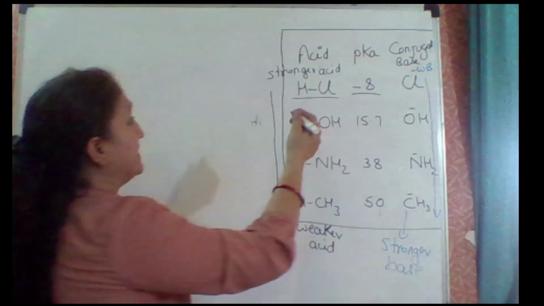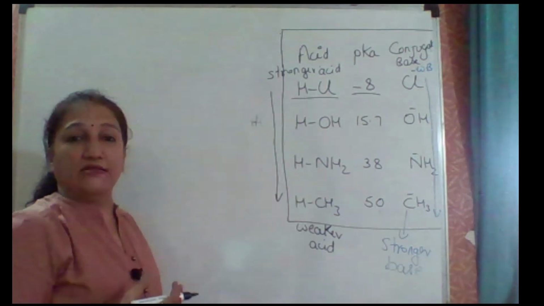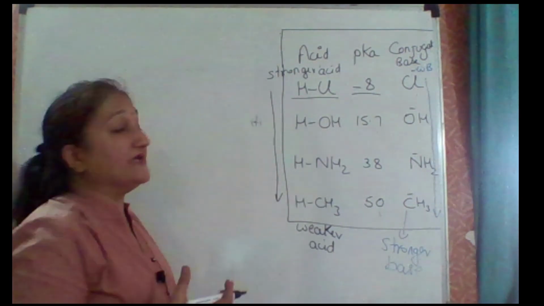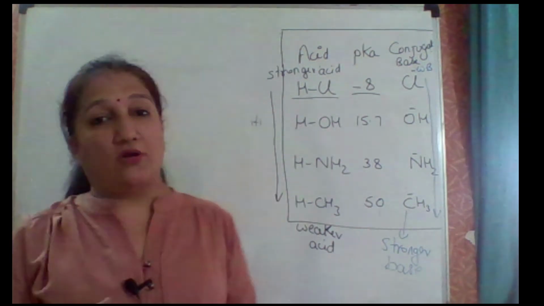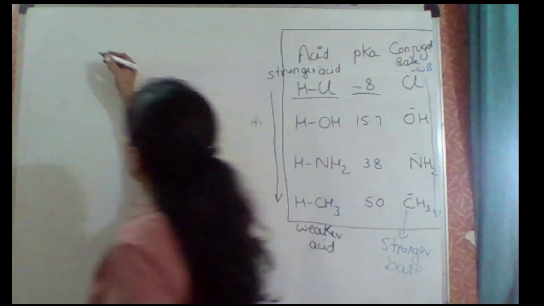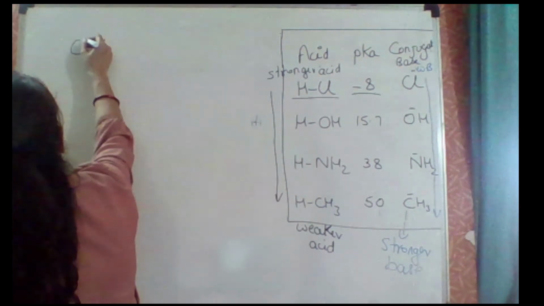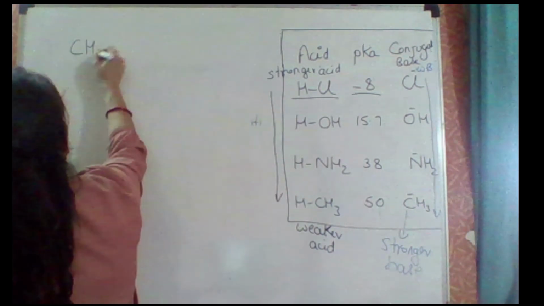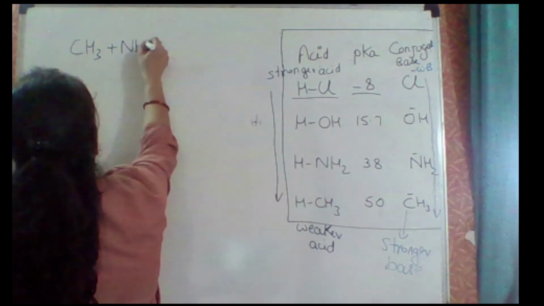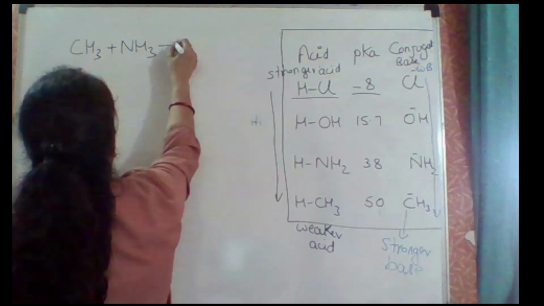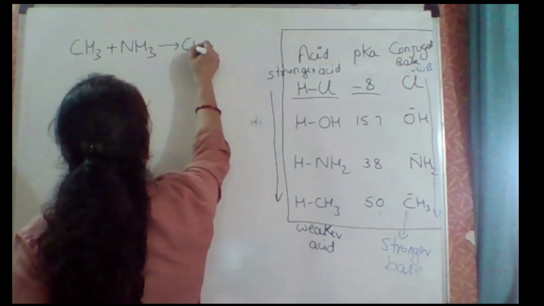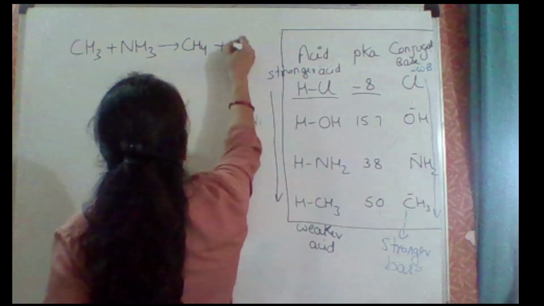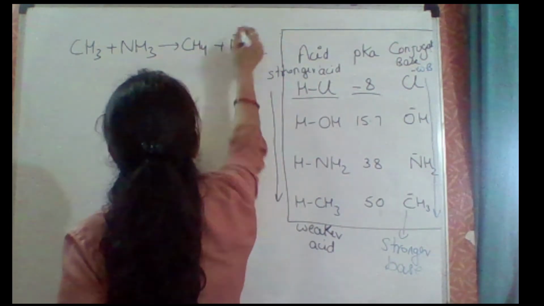Now, let's see how these pKa values can be used to determine whether an acid-base reaction is favorable or not. The first example I am taking is CH3 reacting with ammonia to give CH4 plus NH2.